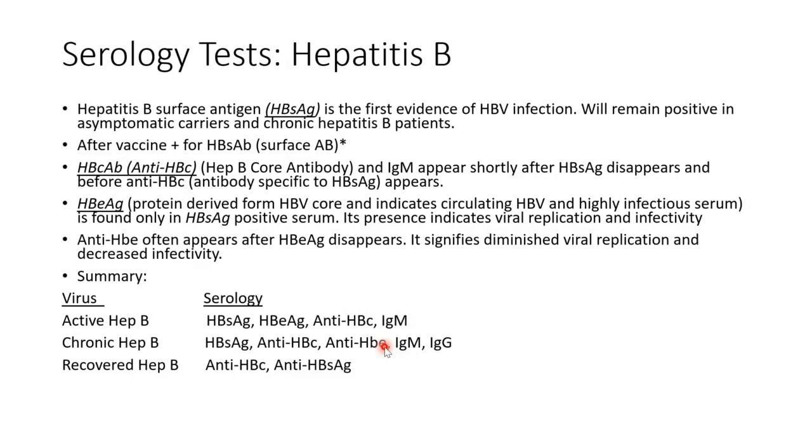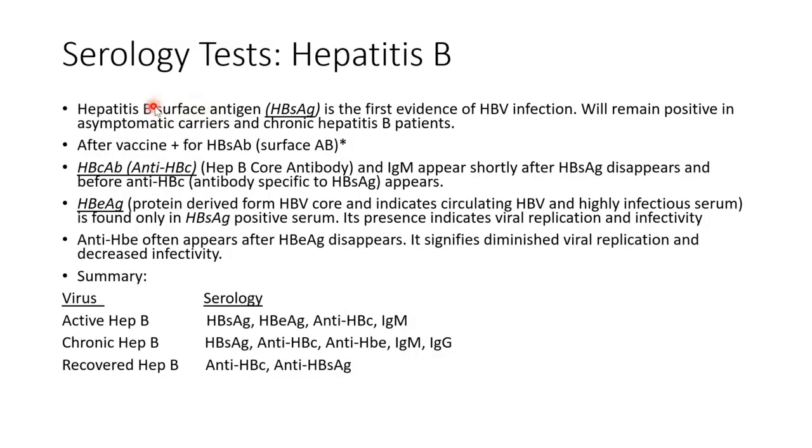An antigen is a pathogen. It's an infection. An antibody is when the body builds an antibody against that specific antigen. So obviously that's something that would be important to know. So let's start here. Hepatitis B surface antigen.